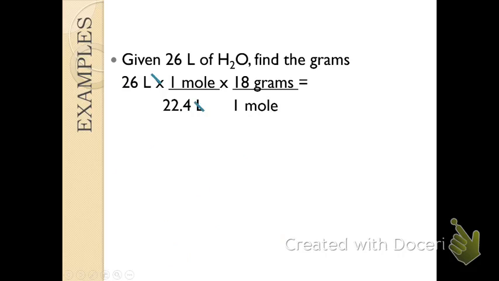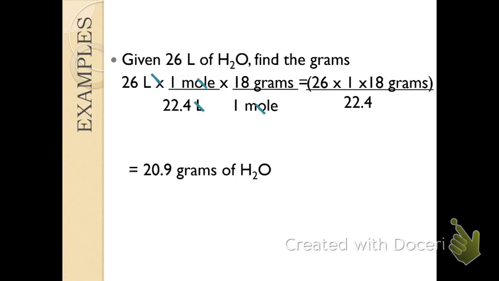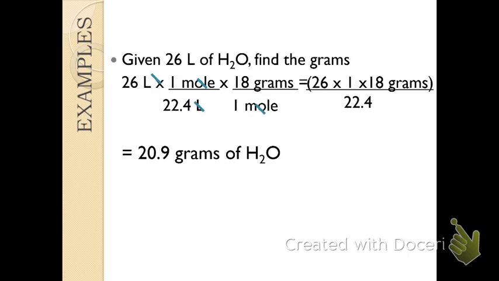Once the liters cancel out and we're left with just grams, we have our setup of 26 times 1 times 18 divided by 22.4. You should get 20.9 grams of H2O. My number is given, and my units are given.